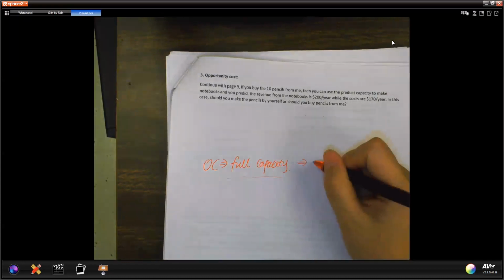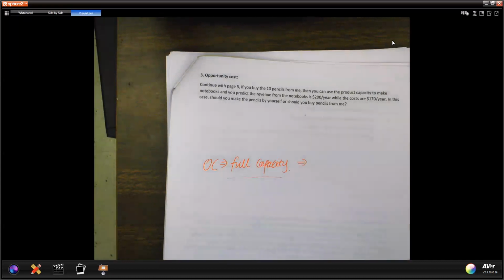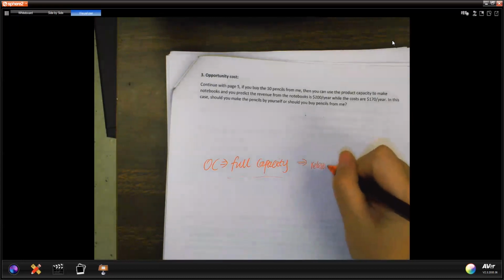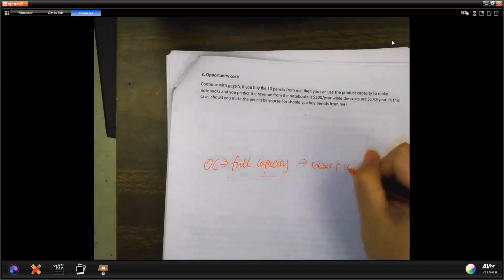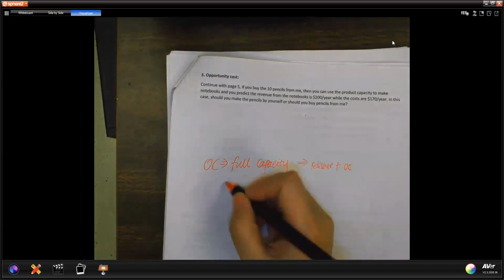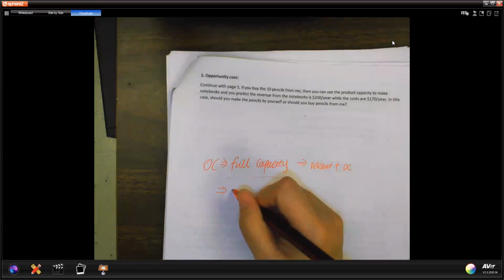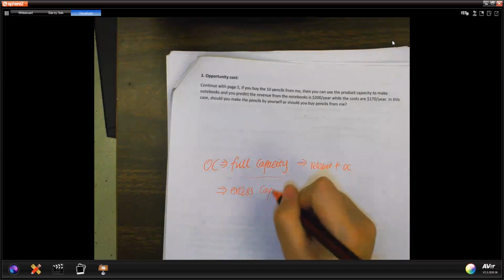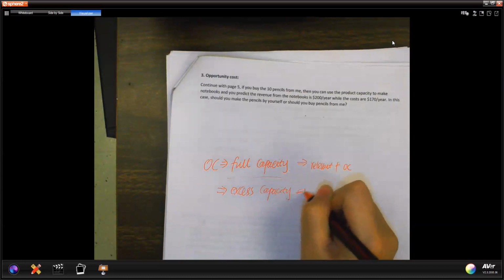Under that situation, your minimum required price for the special order will be your relevant cost, which we said before is the cost plus your opportunity cost. We will practice some questions later. And if you have excess capacity, more than enough, then there is no opportunity cost.